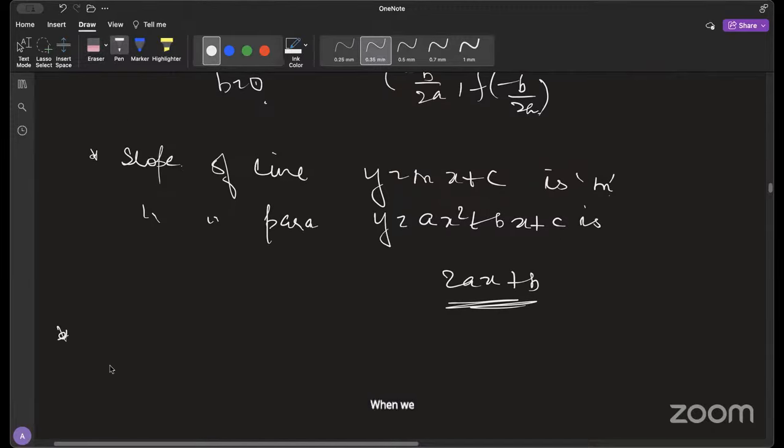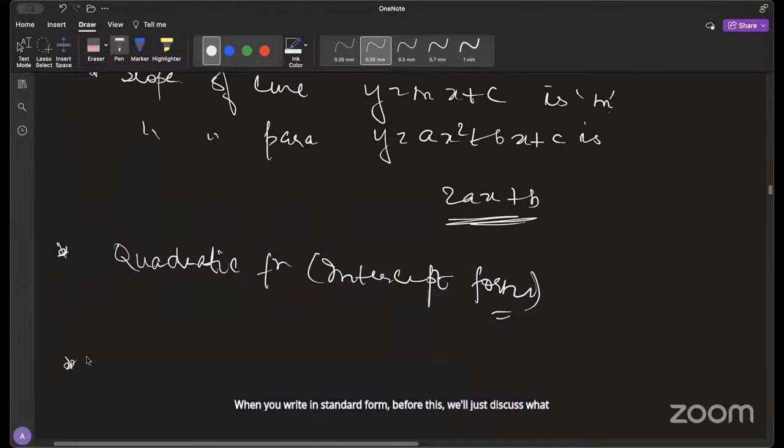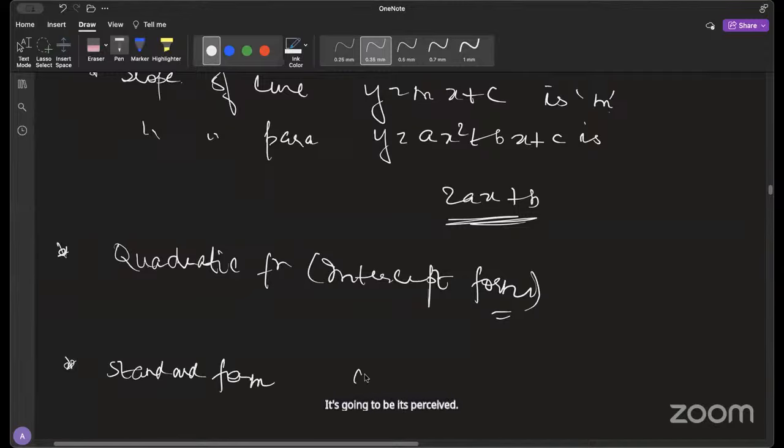Now the quadratic function and its intercept form. Before this, we'll discuss what standard form is. Standard form is ax² + bx + c, but there are some conditions to it.